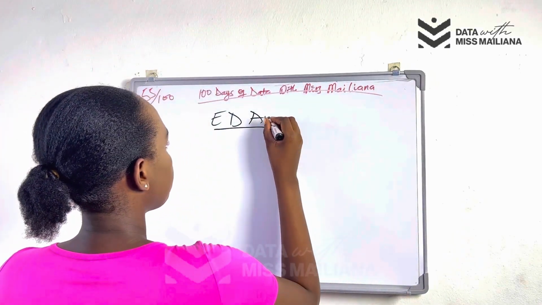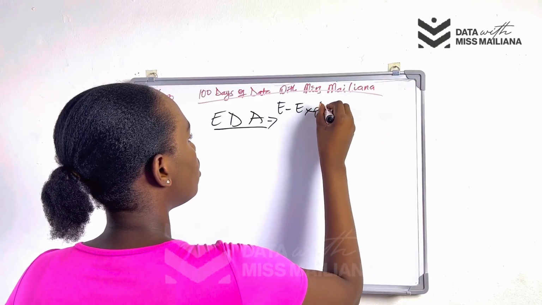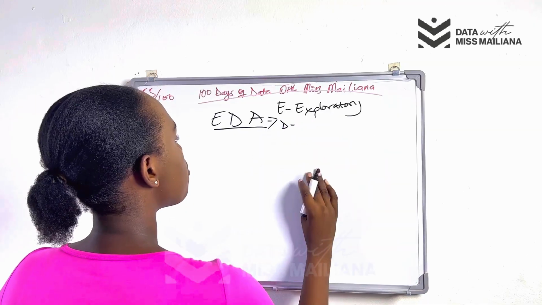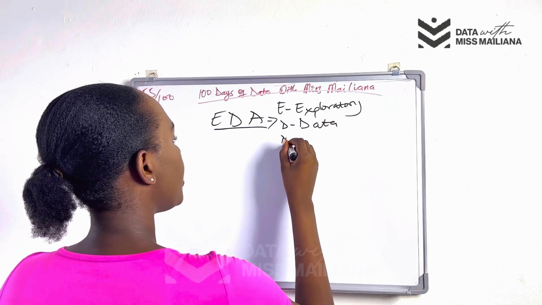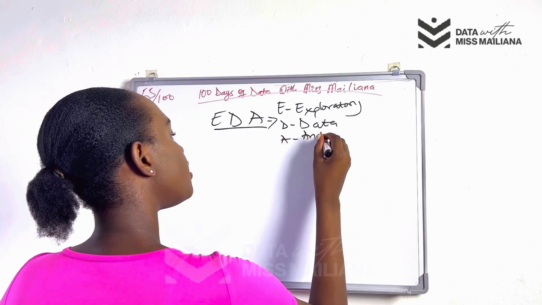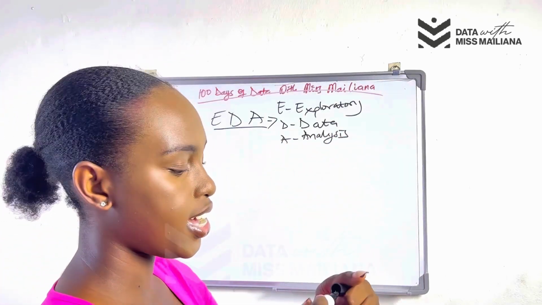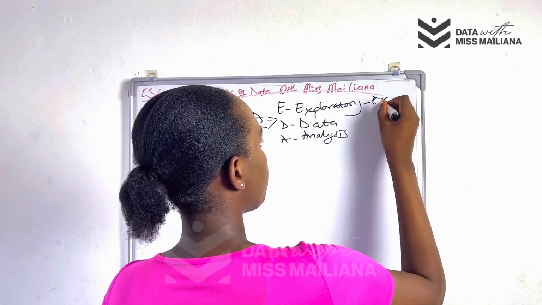The full name: E stands for exploratory, D stands for data, and A stands for analysis. So EDA means exploratory data analysis, coming from the word explore.